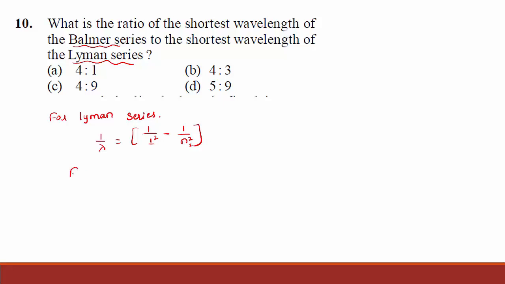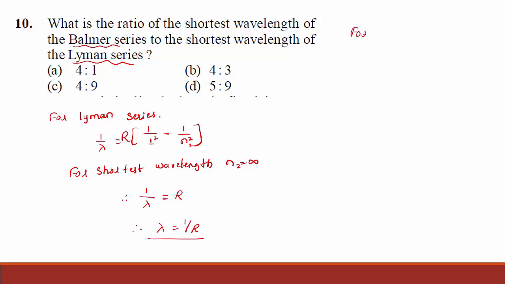For shortest wavelength, n2 equal to infinity. So 1 by lambda equal to R, the Rydberg constant, because 1 by 1 is 1. Therefore, lambda equal to 1 divided by R. This is for Lyman series.